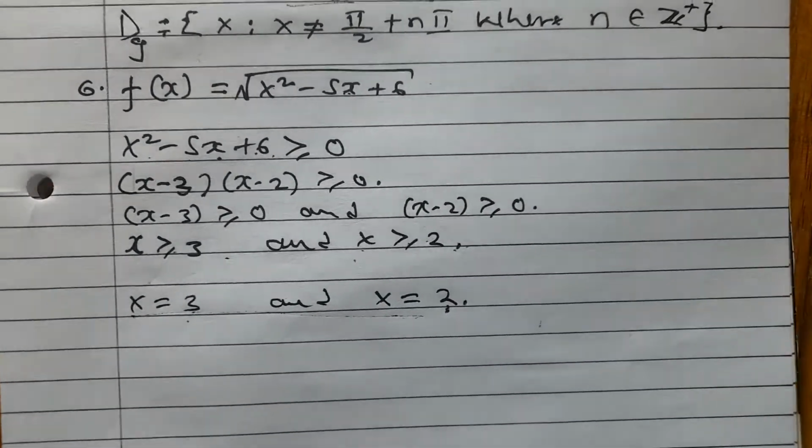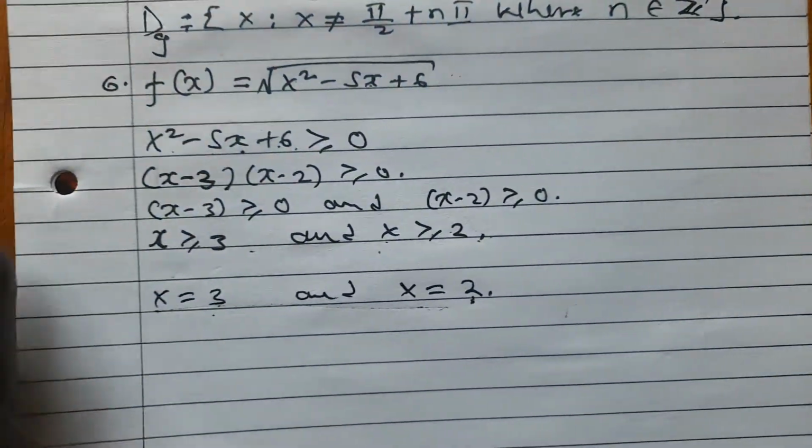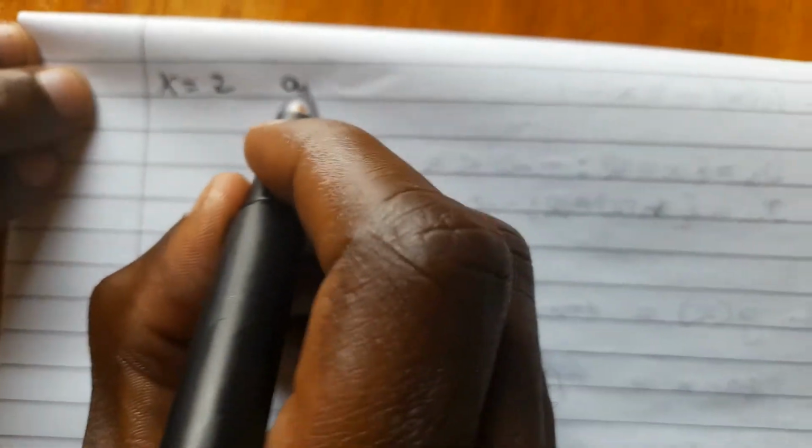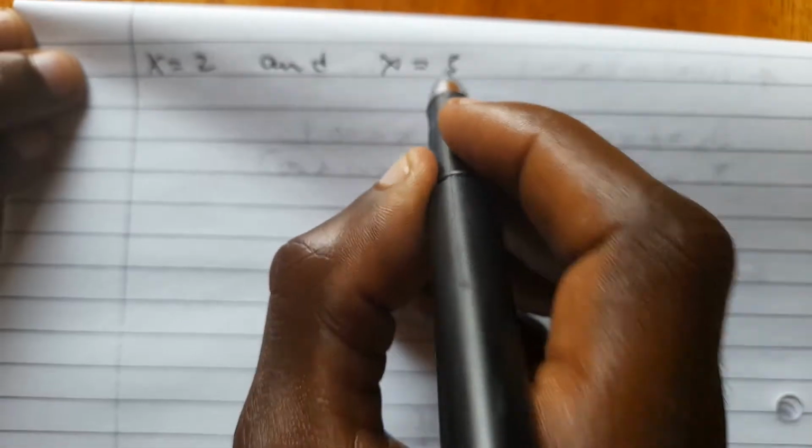Maybe we do it on a new page here so that you get to understand it even better. So I have x equals 2 and x equals 3.